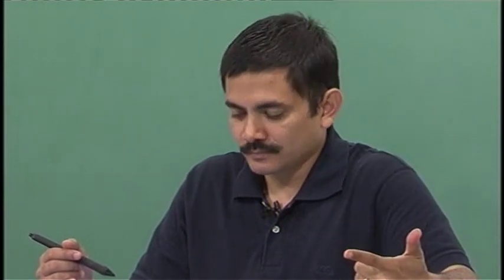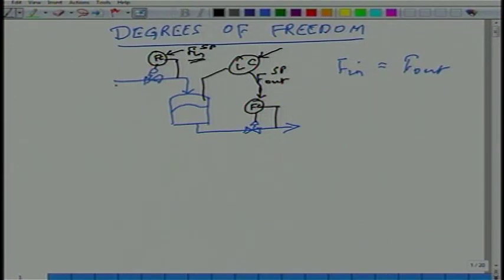Once you have put in that level controller, for a given throughput, there are two independent valves. If one of the flows is given, one valve is left, but that is under level control or inventory control. Now the operator has got nothing left to adjust. So the degree of freedom as far as the operator is concerned in running this process is actually 0. It's a very simple process.